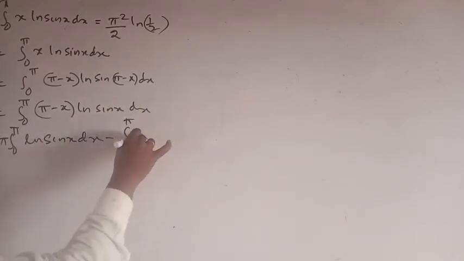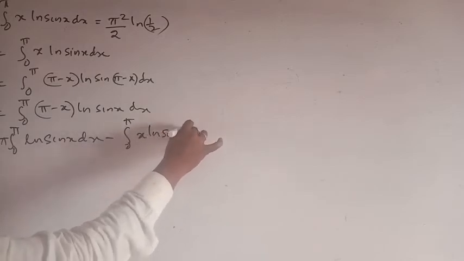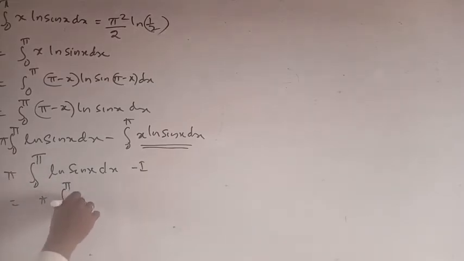So I is equal to pi outside, the integral from 0 to pi of log sin x dx, minus the integral from 0 to pi of x log sin x dx. This is I again. So I is equal to pi times the integral from 0 to pi of log sin x dx minus I. So 2I is equal to pi times the integral from 0 to pi of log sin x dx.